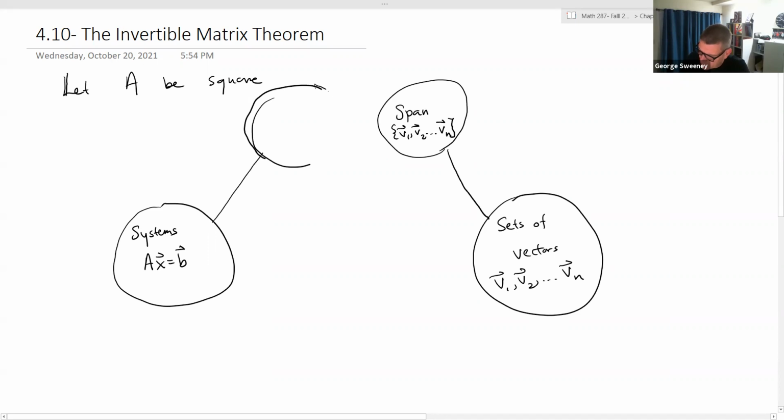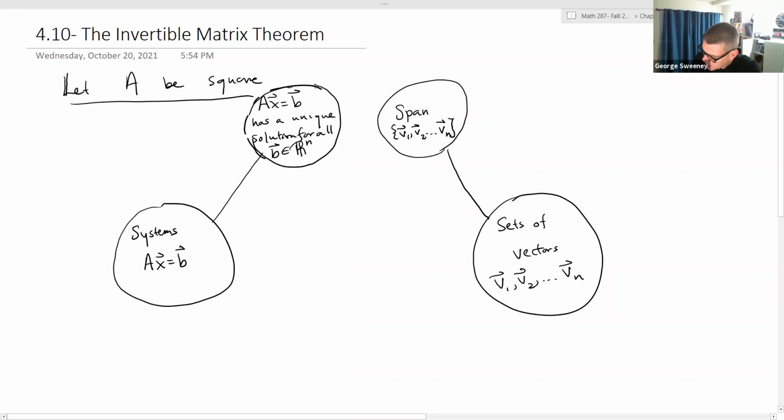And by the way, this is only for the IMT, so we want A to be square. That's going to relate to when AX equals B has a unique solution for all B in Rn. So that's how they're tied together. They go back and forth with one another.